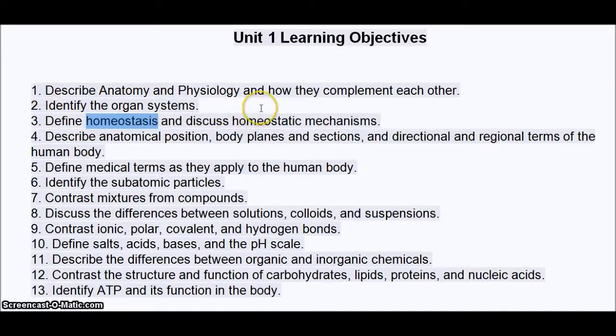In your textbook, in Chapter 1, you will see the little introduction about anatomy and physiology, and then there will be diagrams of the organ systems that we have. And I would mention only that the cardiovascular system and the circulatory system are two different things. Most of the time when we talk about the circulatory system, we talk about the heart and blood vessels.